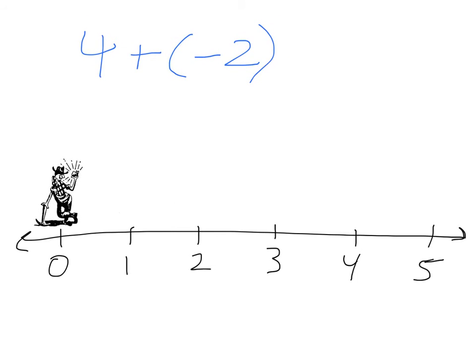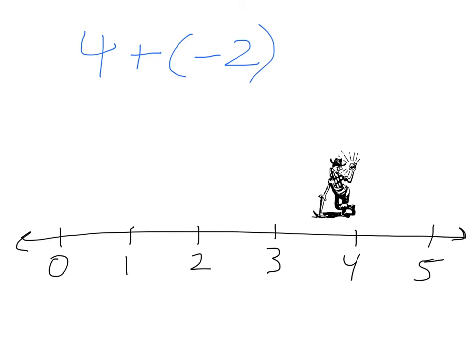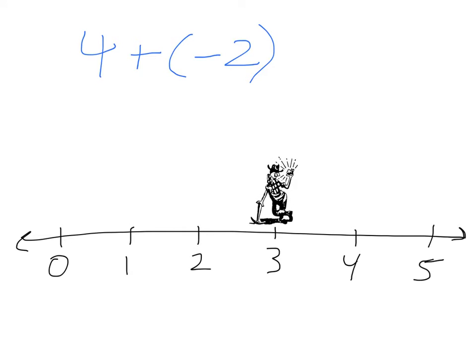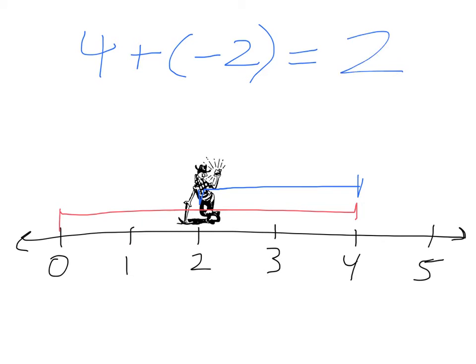And we're going to move Mike over back to the 0 there. And it says Mike's going to go forward 4. 1, 2, 3, 4 spaces. But then it says plus negative 2. Well, if a positive number means to go forward, a negative number would mean to go backwards. And so what I did was I went forward 4, and then I went backwards the negative 2. And hence my answer came out to be 2.